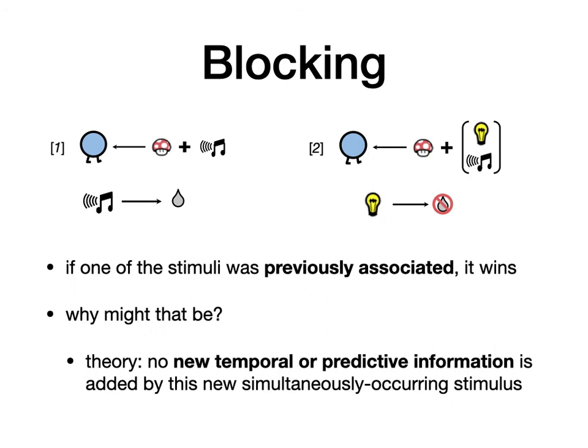The light actually gets omitted because we already know this association. Why would we care? Well, the theory is that there's no new predictive information. We are still able to use the old association. I am still able to know that, hey, sound is the thing that's been working so far. Why would I jump off of that right away?